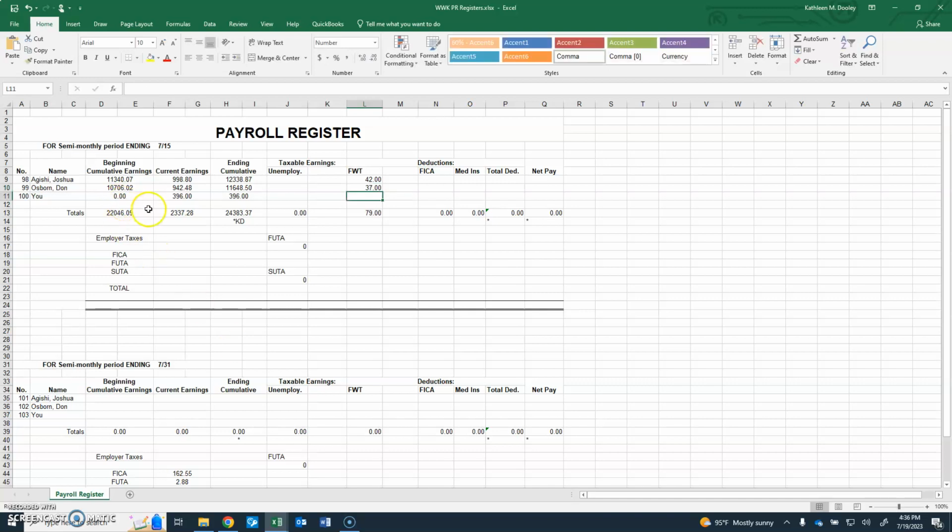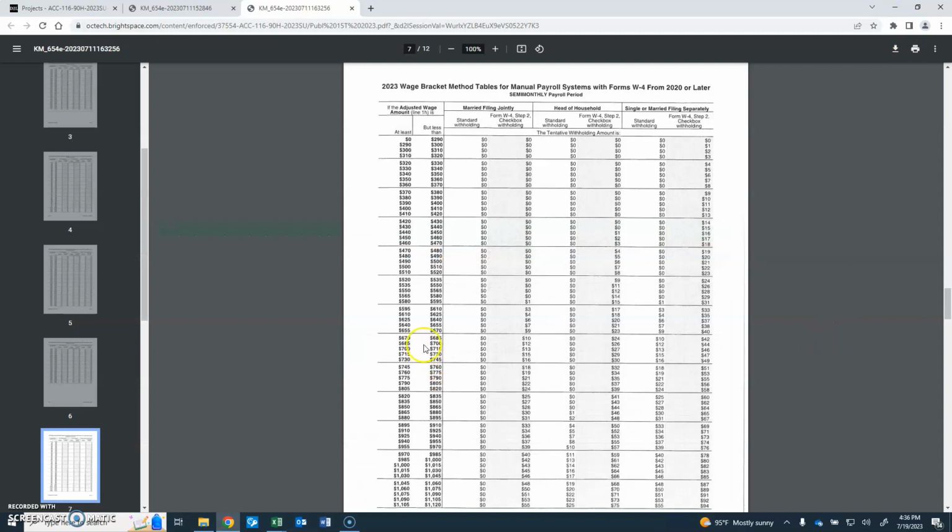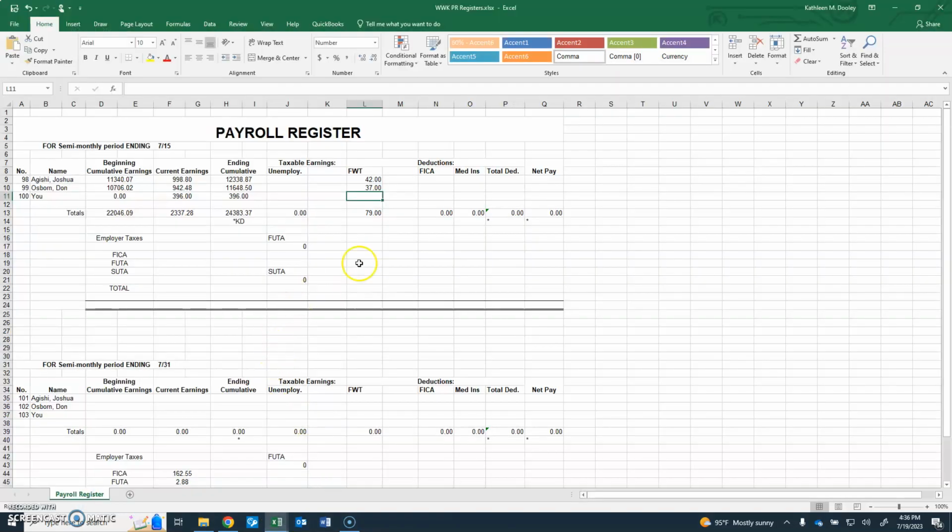And then you are $396. We're way up here, at least $390, but less than $400. We go across, and the standard is 0. Okay, so we've now had that figured out.